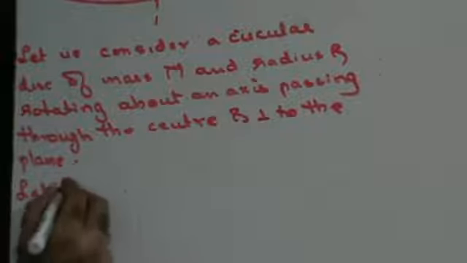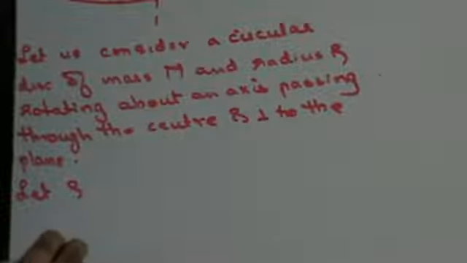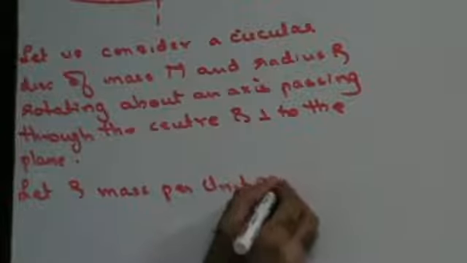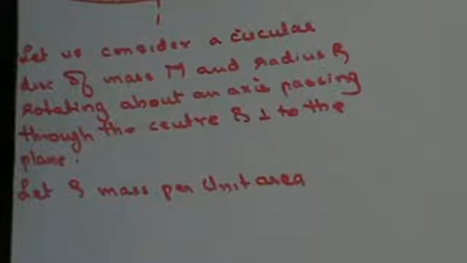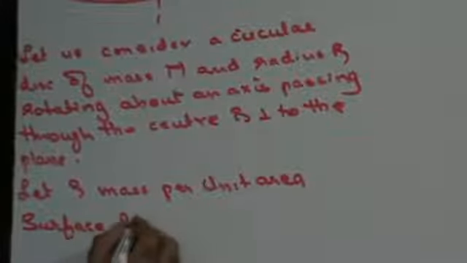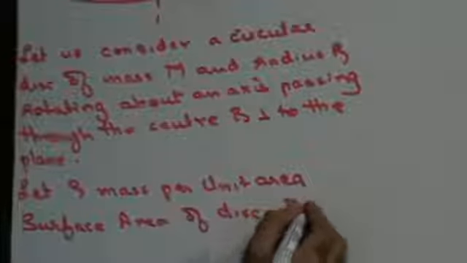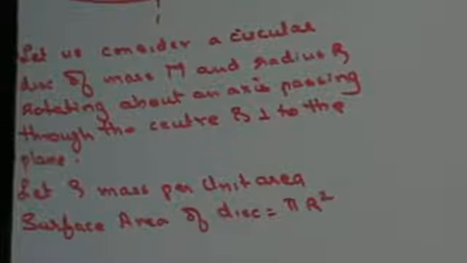Now let us assume, let rho be the mass per unit area. In that case, I can say that the surface area of the disc is nothing but pi R square.